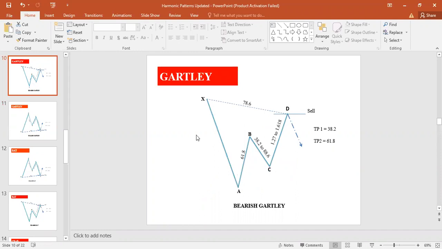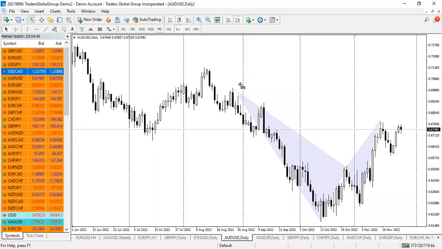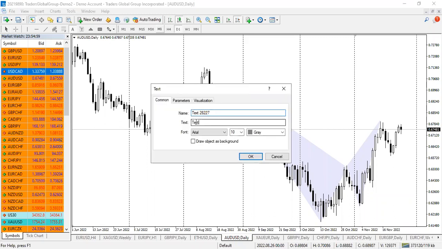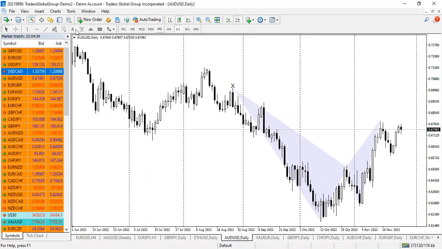So let's go back to that chart and look at what we have. So if we call this X, that's X. So this will be A.